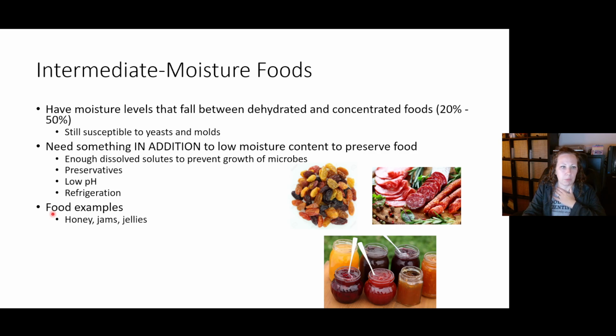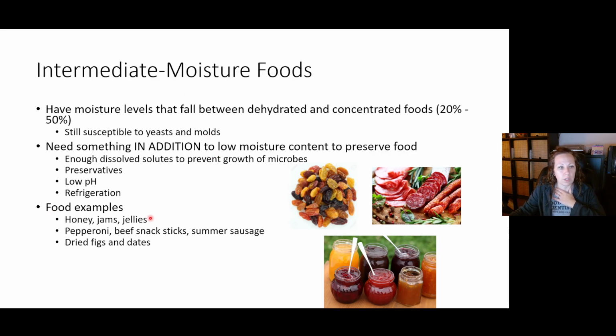Some food examples: honey is actually considered intermediate moisture, high sugar, and that prevents the growth of microbes. Jams and jellies, pepperoni, beef snack sticks, summer sausage. The book has beef jerky in with this one. I would not put beef jerky in with this one. Beef jerky is in the dehydrated foods section.